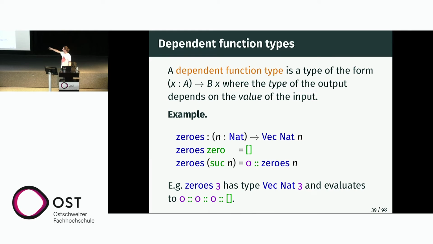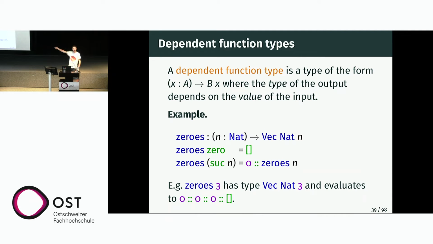And in the second case, we have to return a vector of length successor n, which we can do by using the cons constructor with, as the tail, a vector of length n, which we can construct by making a recursive call, right? So by pattern matching on the input, we're actually in each clause refining the type of the output.